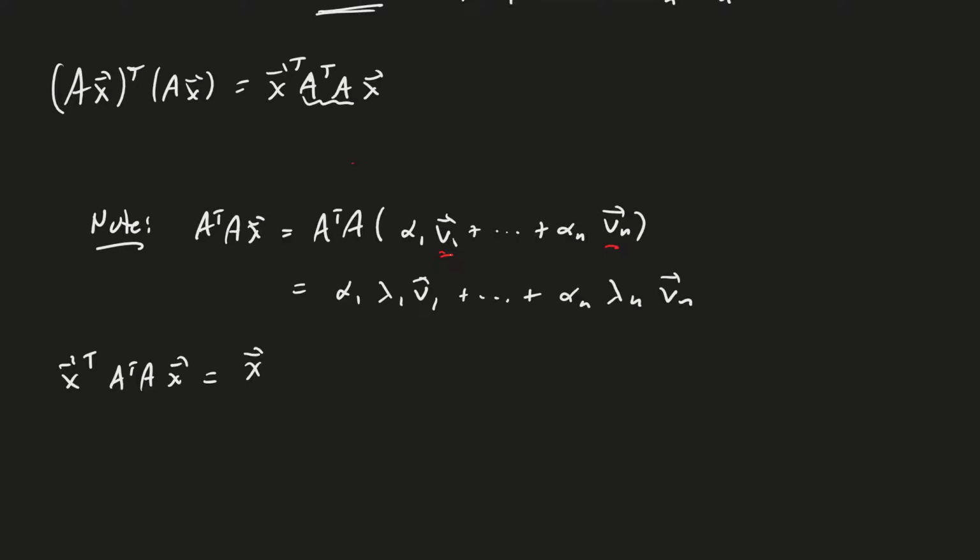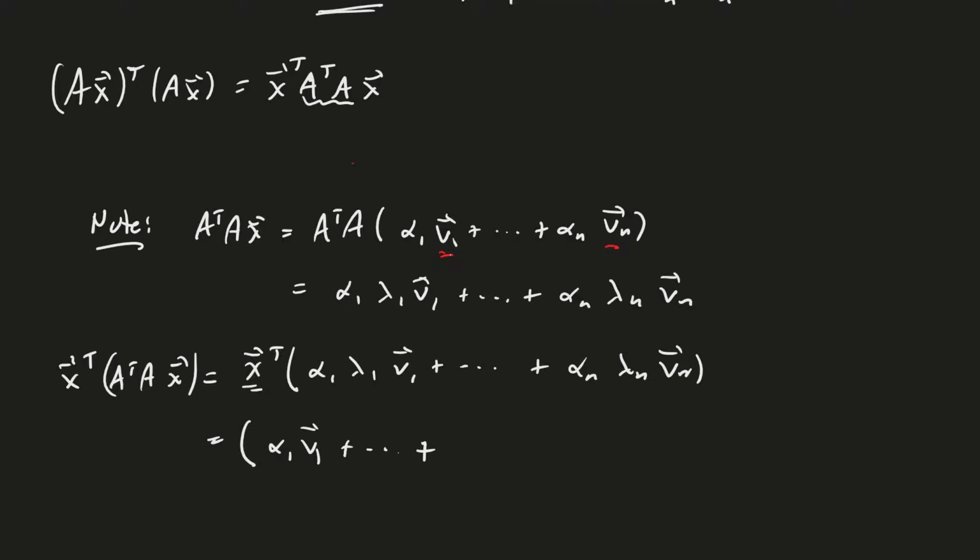So that's going to be x transpose times this thing, which is alpha 1 lambda 1 v1 plus alpha n lambda n vn. And of course, what's x transpose? That's alpha 1 v1 plus, let me just go ahead and bring in the transpose while I'm at it. And then I'll go ahead and I'll have this one.